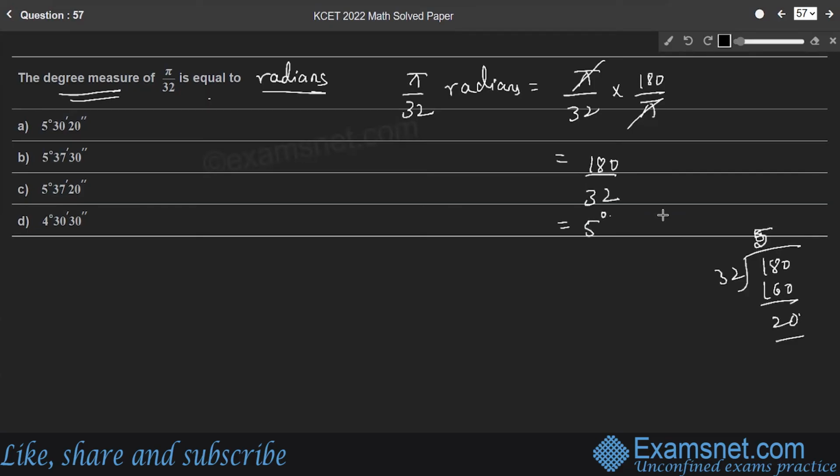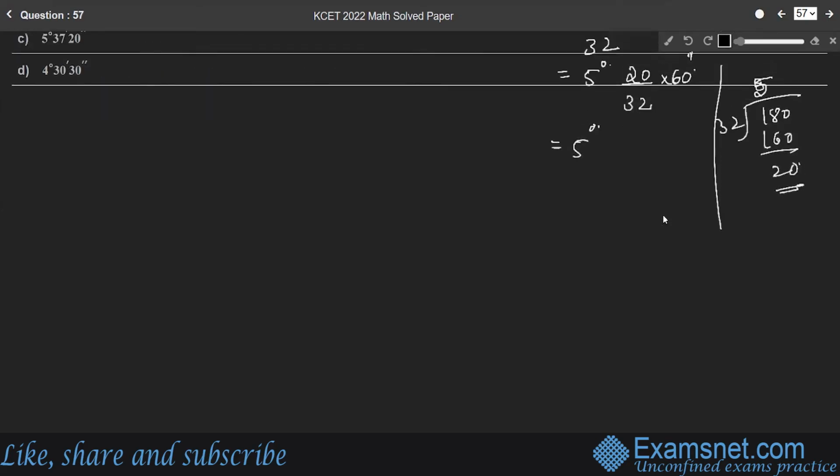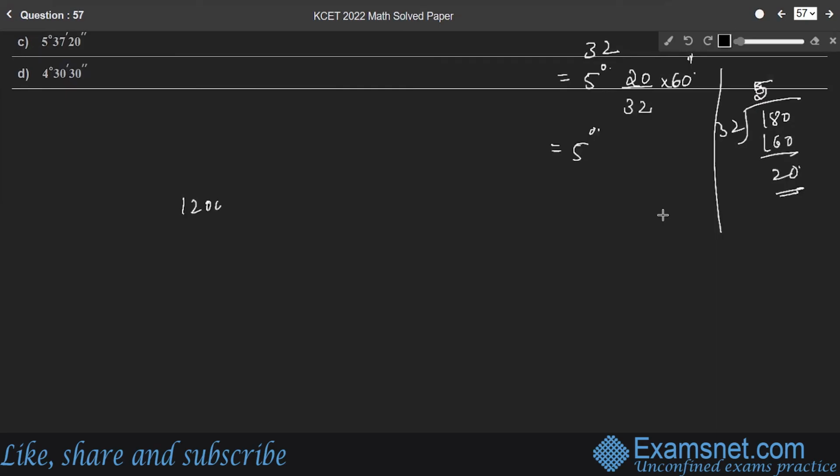This remainder 20 is nothing but 20 by 32 into 60 minutes. 20 into 60 is 1200, so 1200 by 32. 32 into 3 is 96, so 24, and 240 is the remainder. Next, 32 into 7 is 224, and 16 is the remainder.